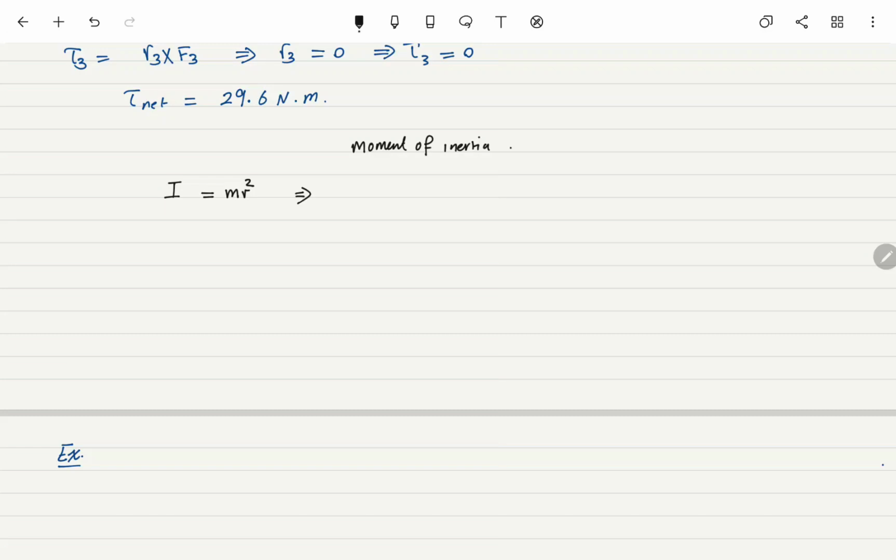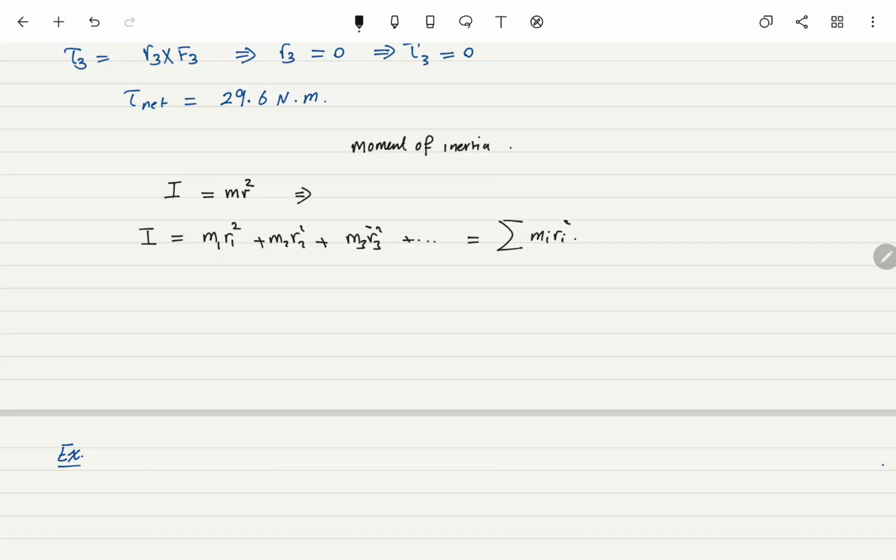So the moment of inertia of a system of particles is I equal to m1 r1 square plus m2 r2 square plus m3 r3 square, or the summation of mi ri square.